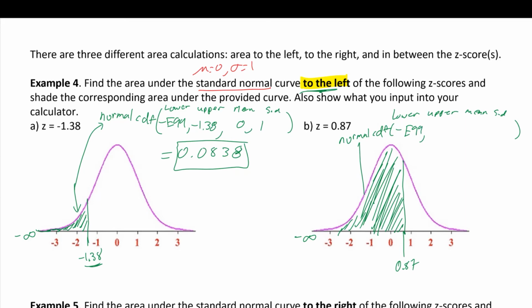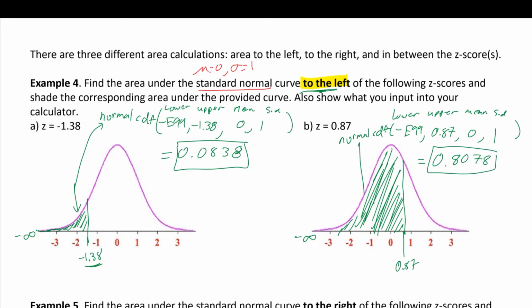Upper, 0.87. Mean, 0. Standard deviation, 1. If you put that in your calculator just the same way we did the previous problem, you're going to get 0.8078. So that's about 80%. It does seem right, it is more than 50%.